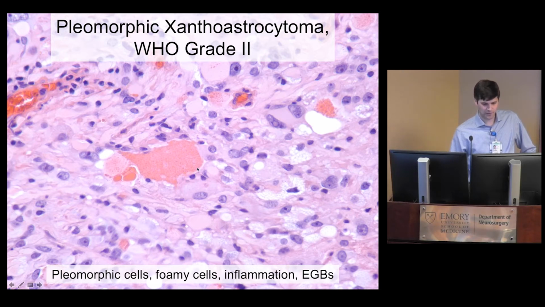They'll also typically have a lot of EGBs, and they typically also show some perivascular inflammation. But in general, it's a solid, compact tumor proliferation that doesn't typically infiltrate a ton into the surrounding brain.